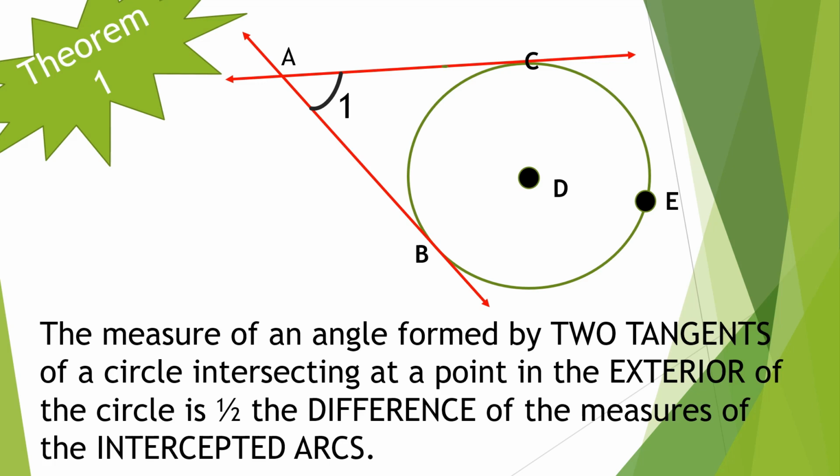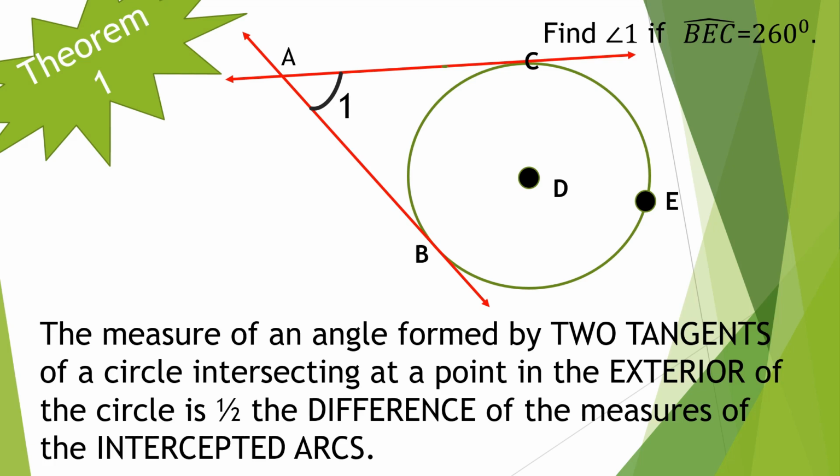What are the intercepted arcs here? Arc BEC and arc BC. Those are the two intercepted arcs.